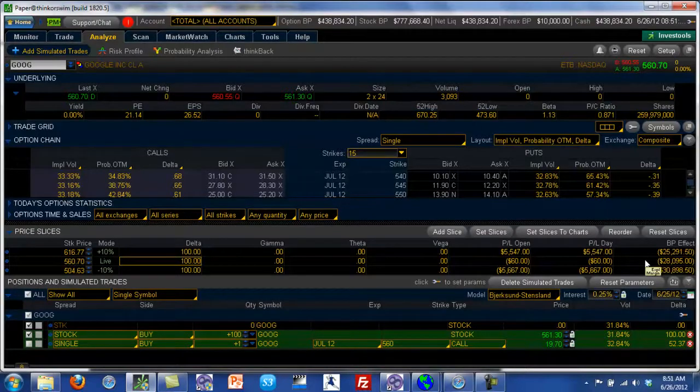Now, we also know that one options contract in the US market is equivalent to 100 shares of stock. So what I have here in the second row is an option contract. So by buying one option contract, we are controlling 100 shares of Google.